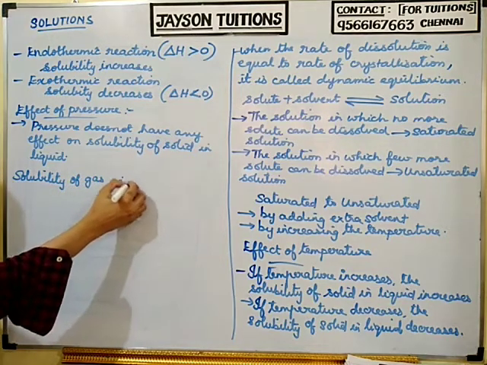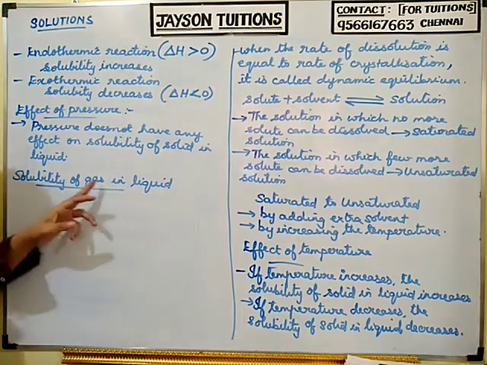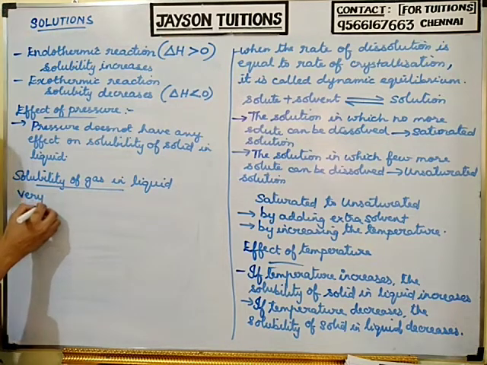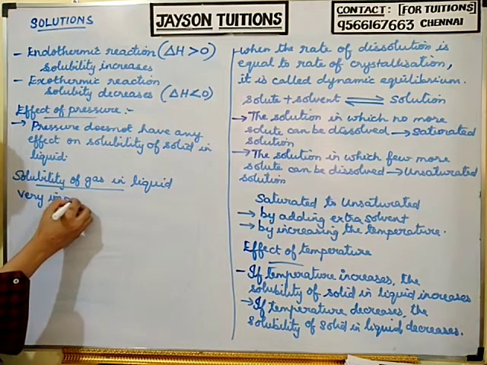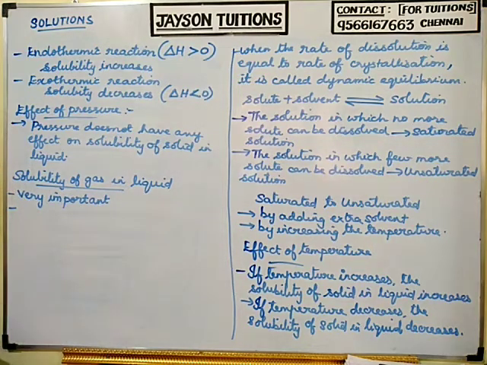So the next one we are going to study the solubility of gas in liquid. So solubility of gas in liquid is very, very important. Only if the oxygen gas is soluble in water, all the aquatic organisms will be able to breathe.